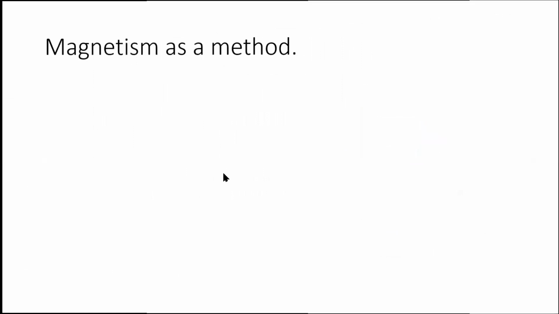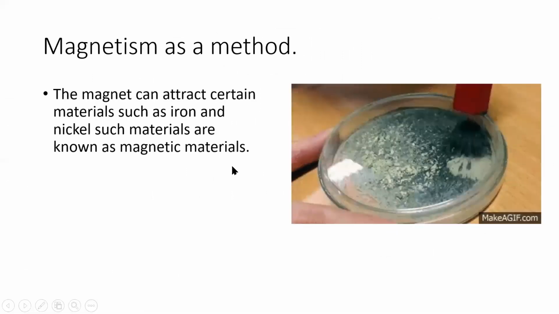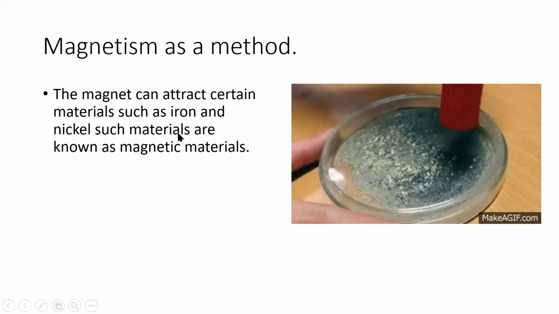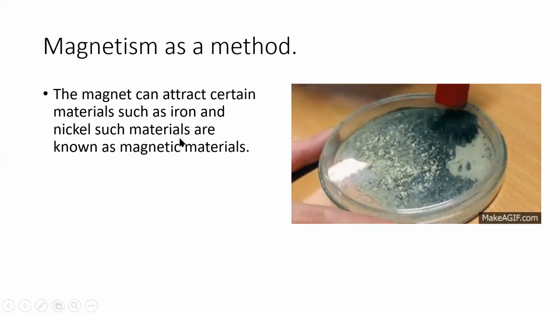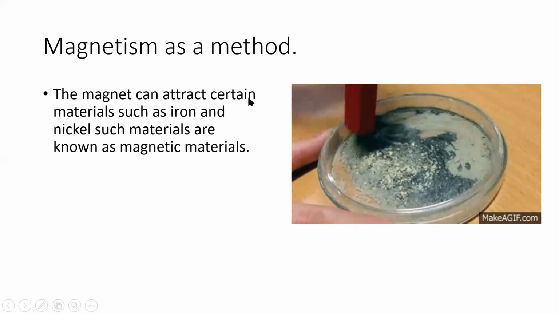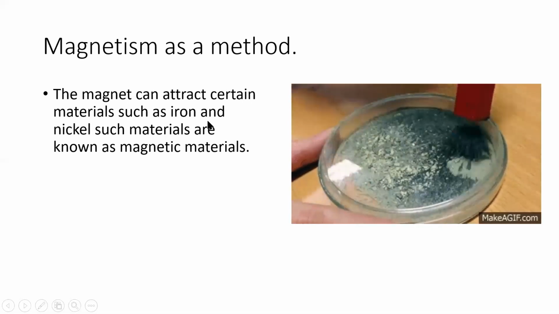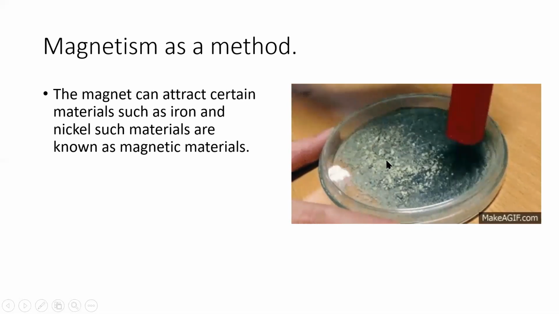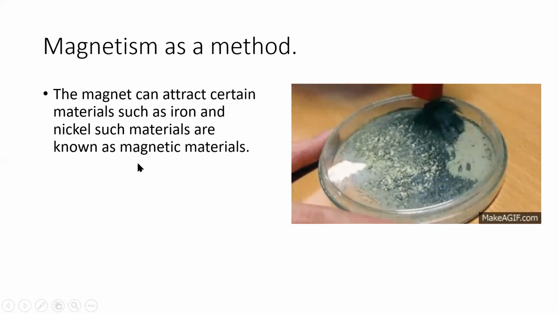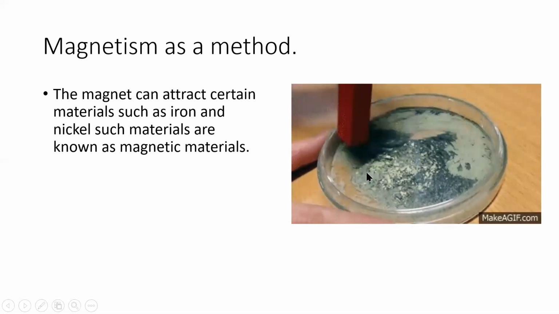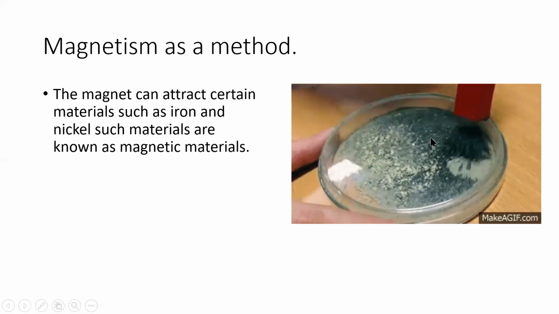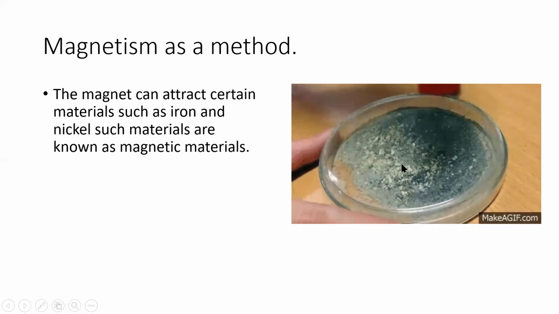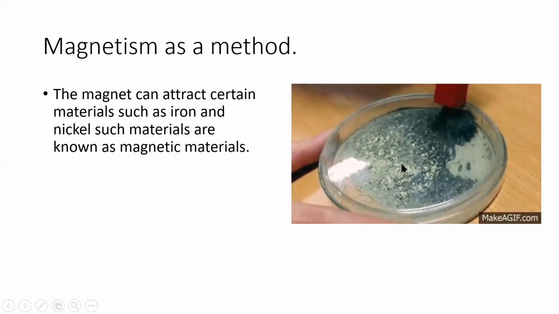Another important method of separating a mixture is magnetism. Okay, you might be aware that a magnet can attract certain materials such as iron and nickel. Such materials which get attracted towards the magnet are called magnetic materials. So see here in the animation, a magnet is brought in contact with the mixture where a magnetic substance has got mixed with a non-magnetic substance.